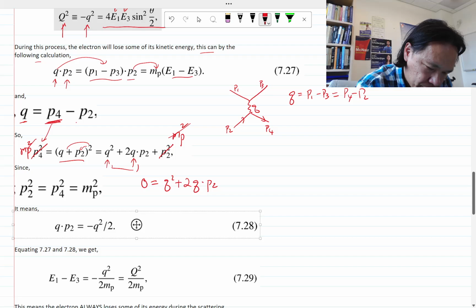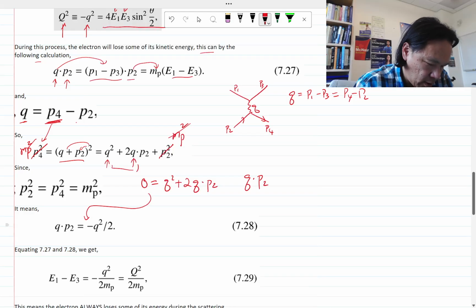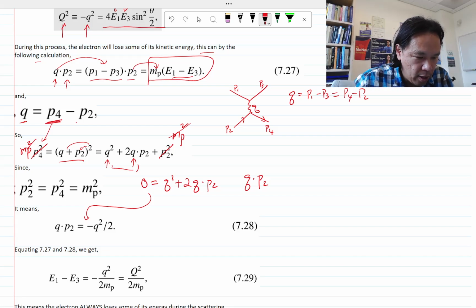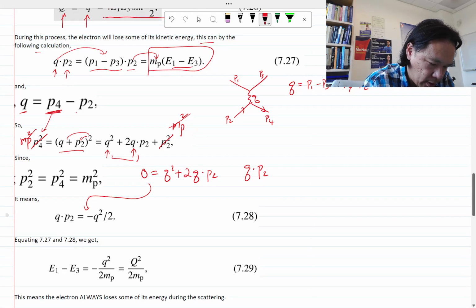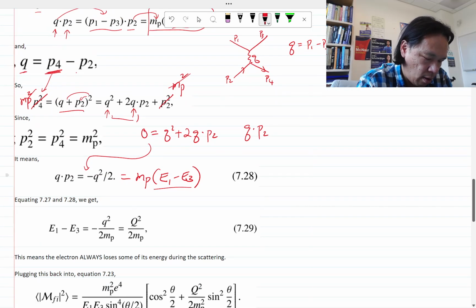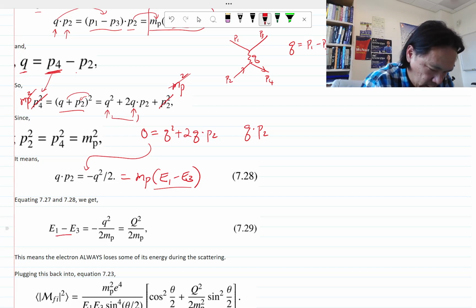So q dot P2, actually the book did it down here, is negative q squared over 2. And that's equal to the mass of the proton times E1 minus E3. So now we can solve for E1 minus E3, and if you solve for that, then it's actually negative q squared over twice the mass of the proton.